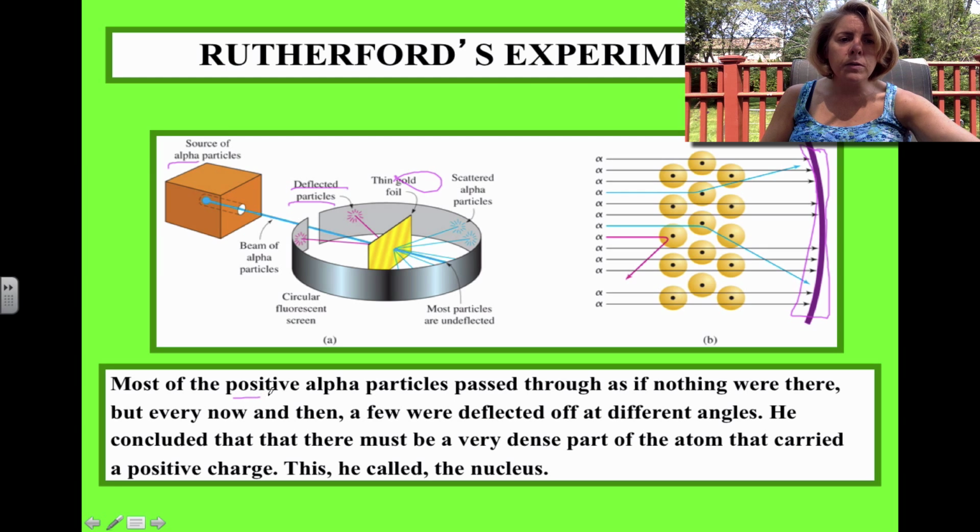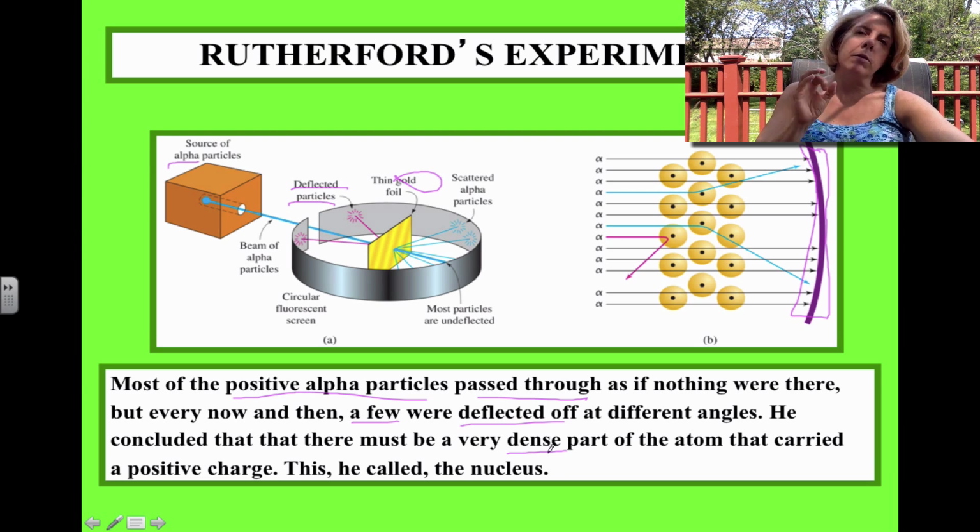What happened was most of the alpha particles passed through, and it looked as though the atom was just empty space. But every once in a while there were a few that were deflected. So they actually came in contact with the nucleus, and they discovered that the nucleus is dense. So it's not just empty space.